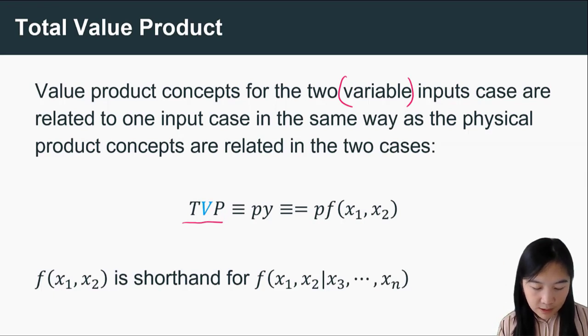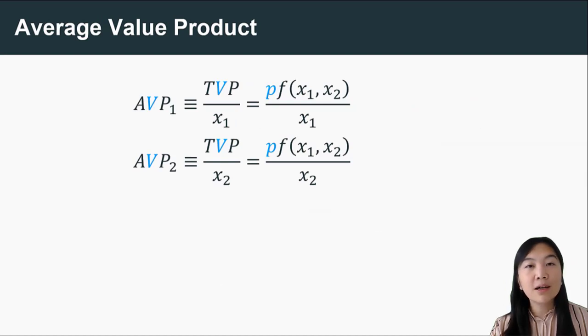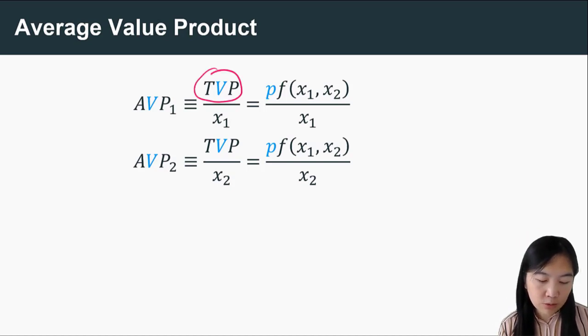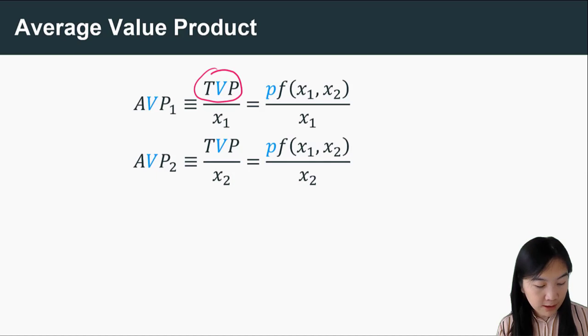Here, TVP is again the output price P times the quantity of output, which is this production function. And the average value product is very similar to APP1 and APP2, but you just need to remember that the numerator should be TVP, not TPP anymore.